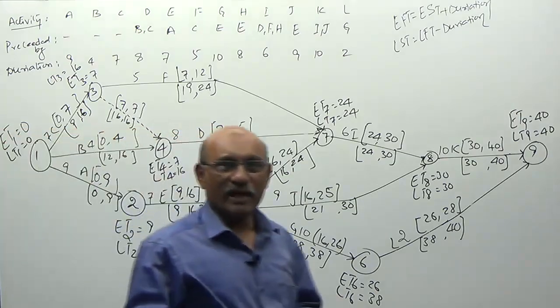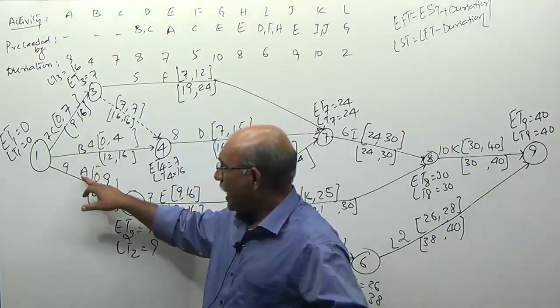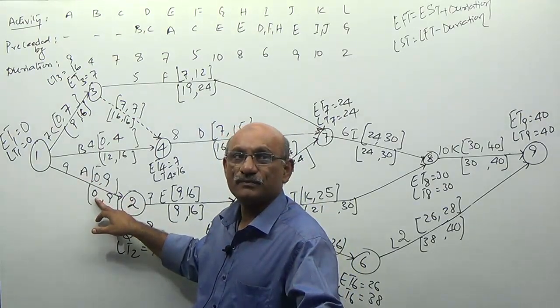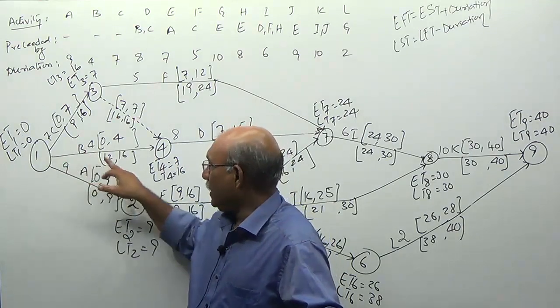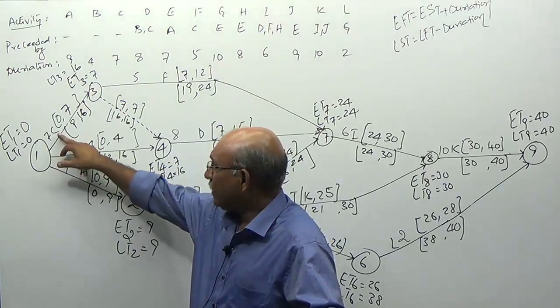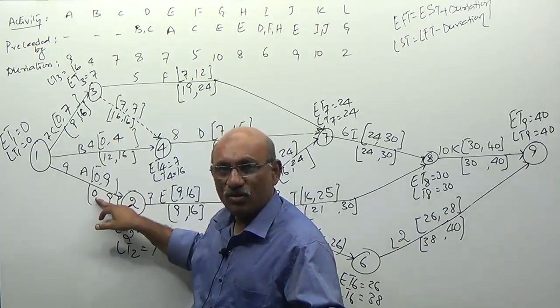Why have I taken the minimum, sir? Look at this. Activity A, you have to start latest on the 0th day. Activity B, latest you can start on the 12th. Activity C, latest you can start on the 9th. Minimum of these three is 0 only.